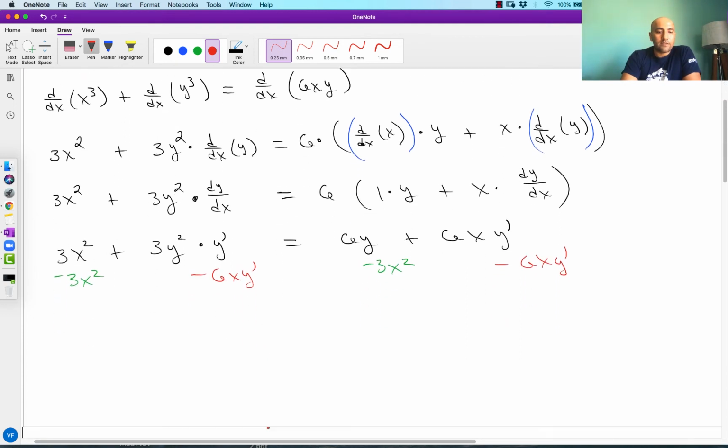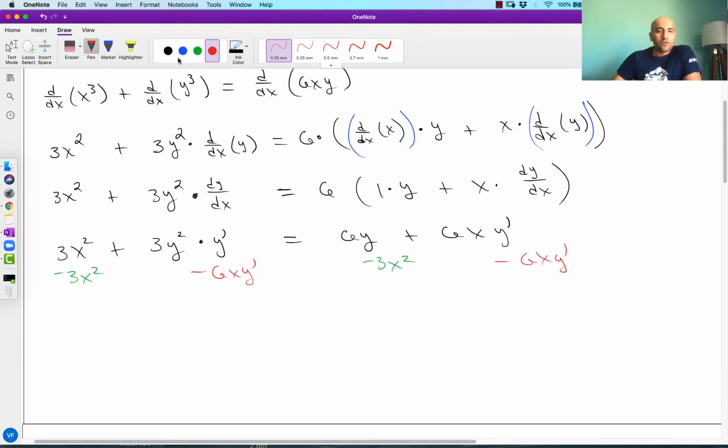Okay, so let's copy that. So on the left side, these guys will cancel, leaving me just 3y squared y prime minus 6xy prime is equal to 6y minus 3x squared, and then those guys cancel. Good?